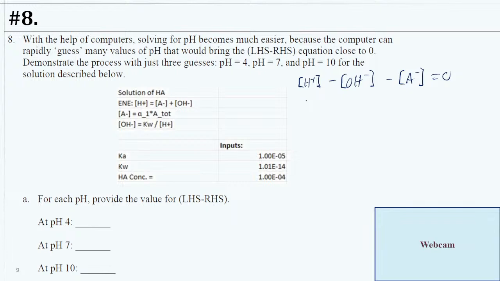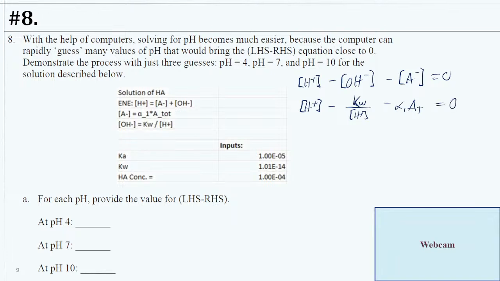Then we could put it in this form, to say that's minus alpha 1 A total, minus, oh sorry, I'd do the OH first. So Kw over H plus, minus alpha 1 times A total. And in a way, you could have read that from here, right? And all that set to 0.